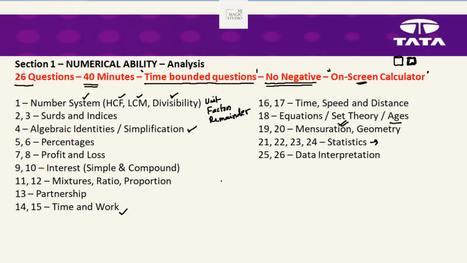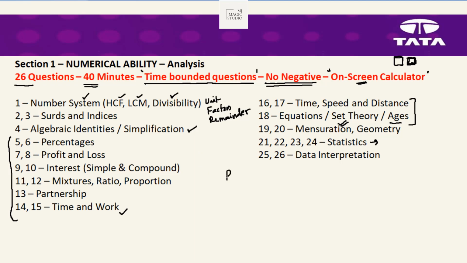Drill is very simple. Pause the session, try to solve it yourself and then look out for the solution. And one more thing, majority of the questions are from arithmetic. You can see 1, 2, 3, up to 14. 14 questions out of 26 are from arithmetic.